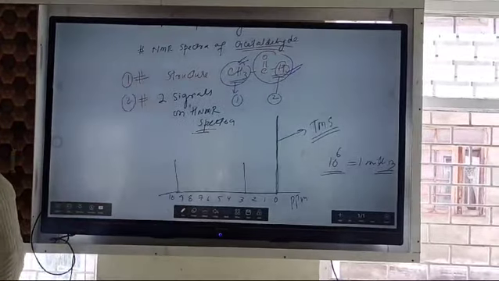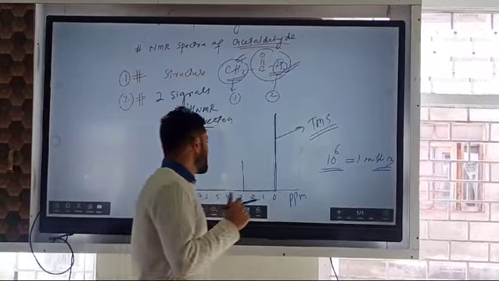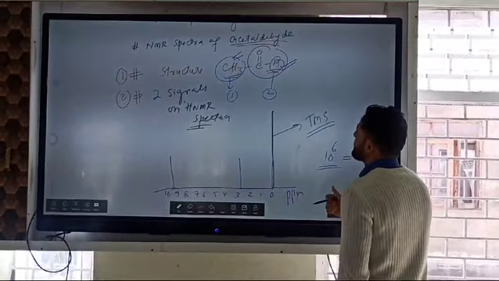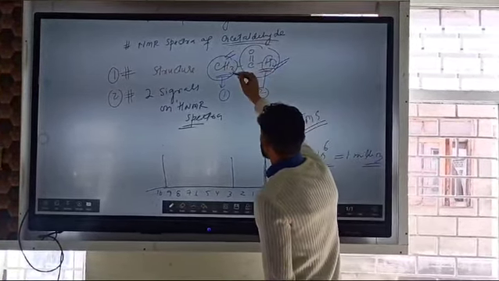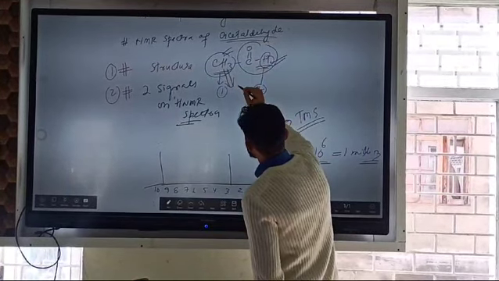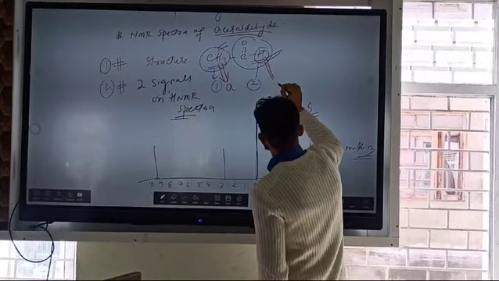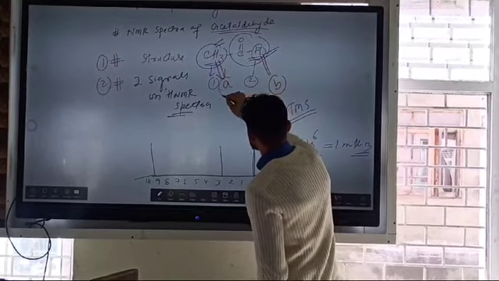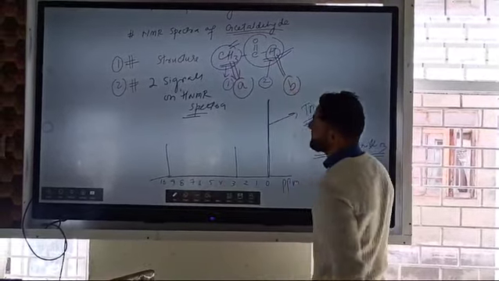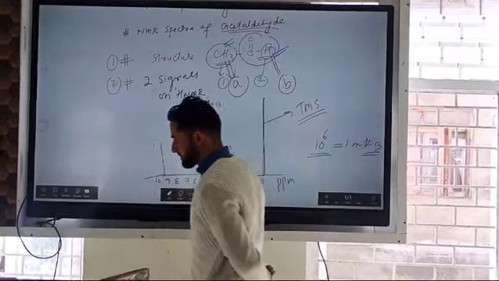Right? So now you need to tell me which peak would be for the methyl proton. If I am labeling the methyl protons as proton A and the aldehydic proton as proton B, among these, which would be proton A?